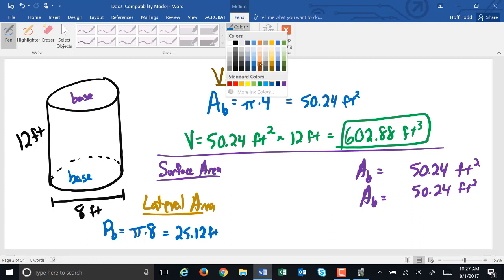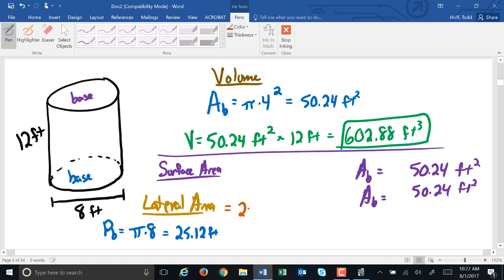So that makes my lateral area, that perimeter of the base, 25.12 feet times the height of 12 feet, which gives us a lateral area of 301.44.